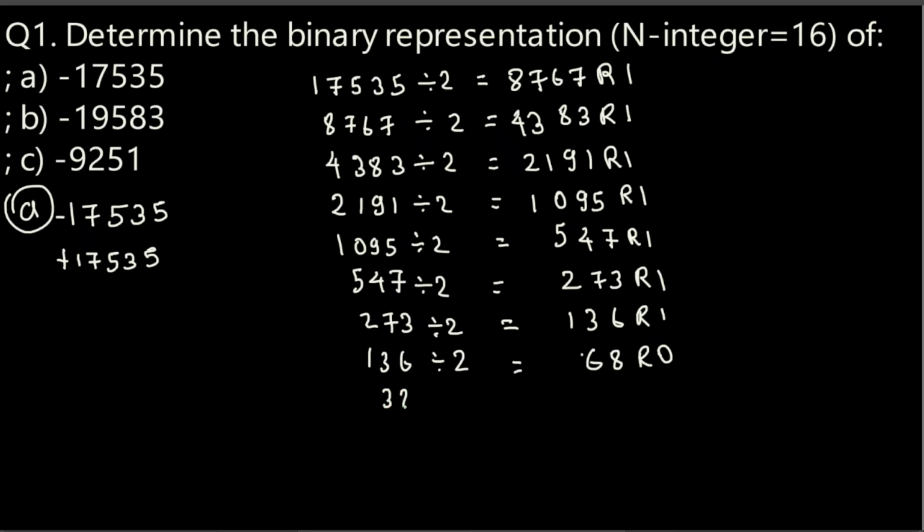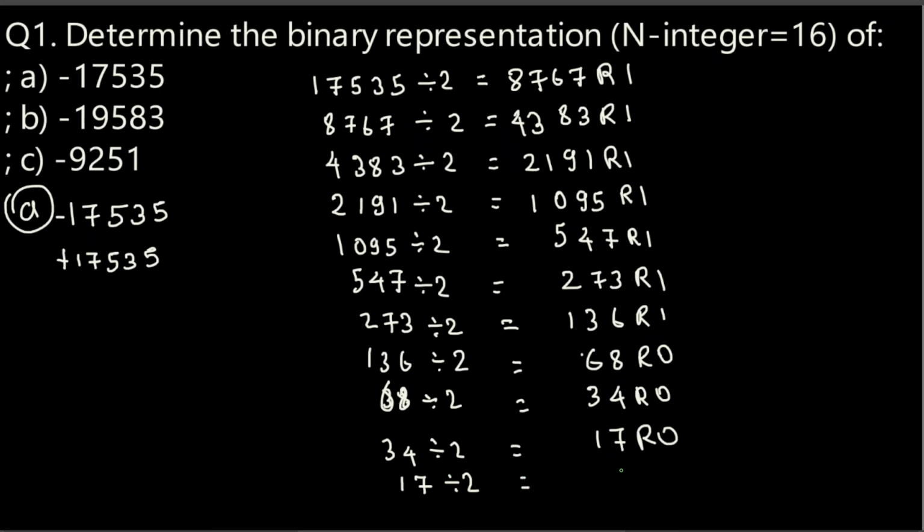Then 68 divided by 2 gives us 34, and the remainder is 0. Then 34 divided by 2 is 17, and the remainder is 0. Then 17 divided by 2 is 8, and the remainder is 1.